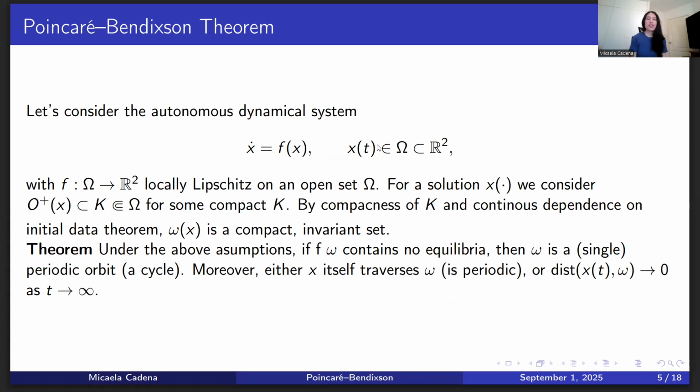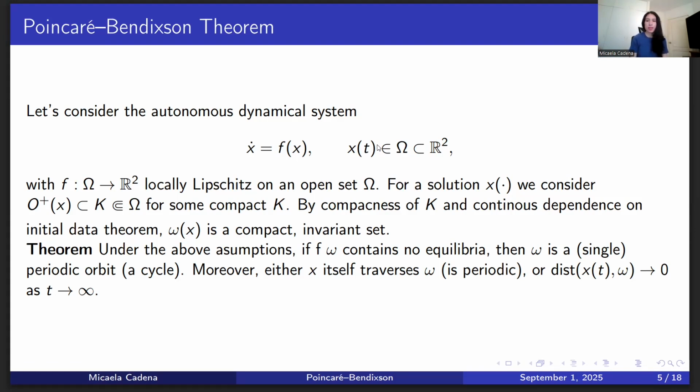Let's consider the autonomous dynamical system such that x of t belongs to omega, which is a subset of R2. And we define a function f that goes from omega to R2 to be locally Lipschitz on an open set omega. That is, our system goes from R2 to R2.